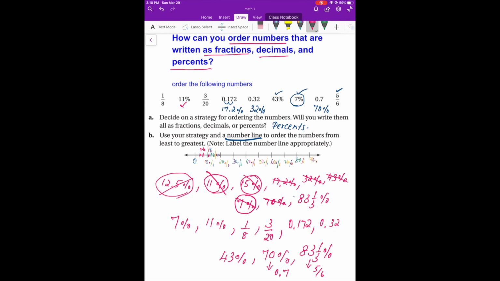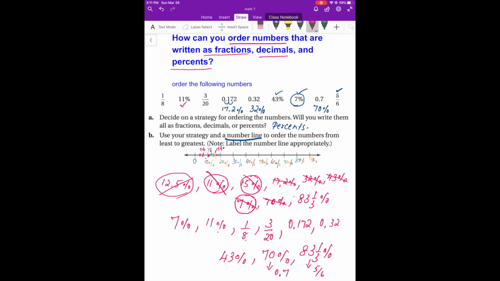And 3/20th is 15%, so that will be here, 15%. And next is 17.2%, that's very close to 20%. So we don't have room to show all those, and if you're making a number line, make it bigger and place those, and you already know how to place those, because we already have all the percentages listed in order.